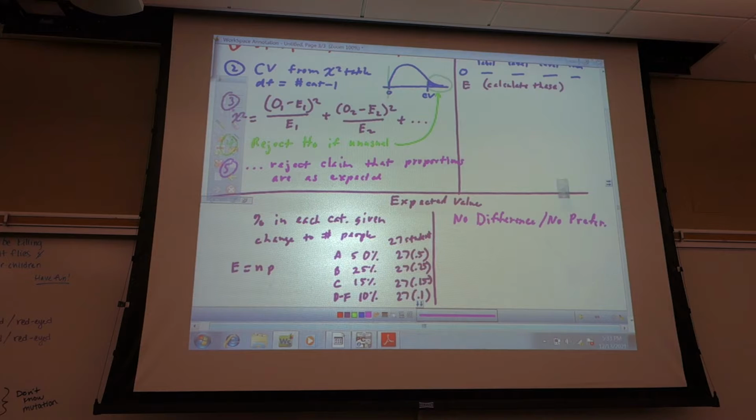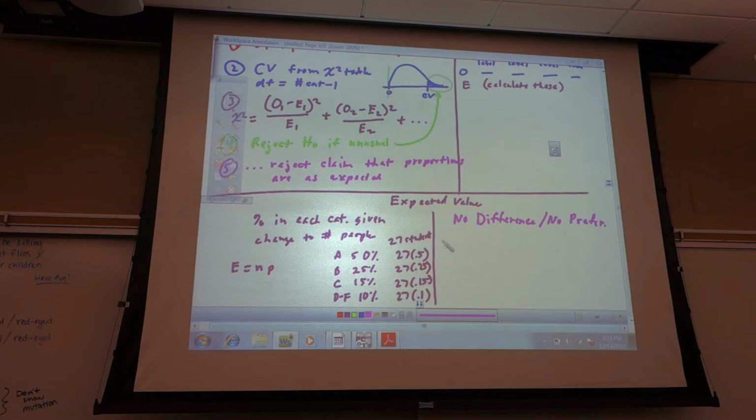Okay, so then how do we find them, you said? You get all the boxes, you add them all up. Yeah, you add up all your observed, see how many students you have?